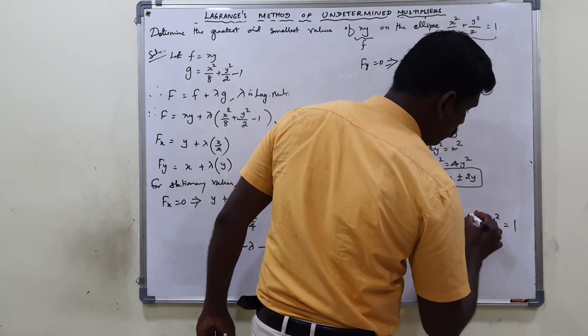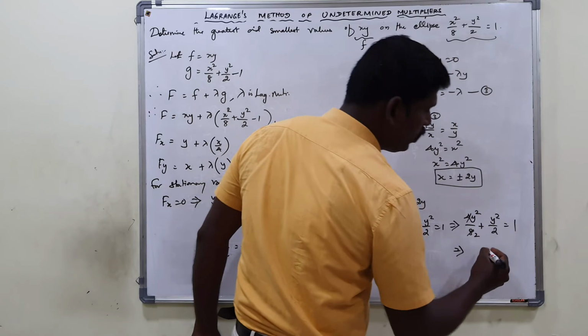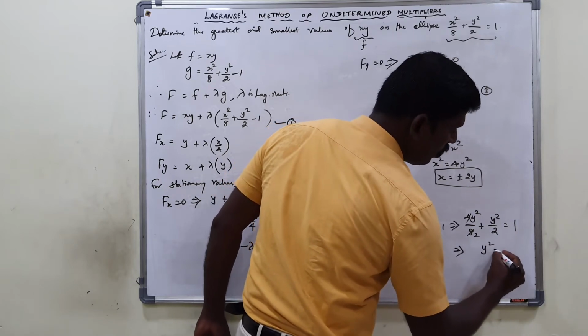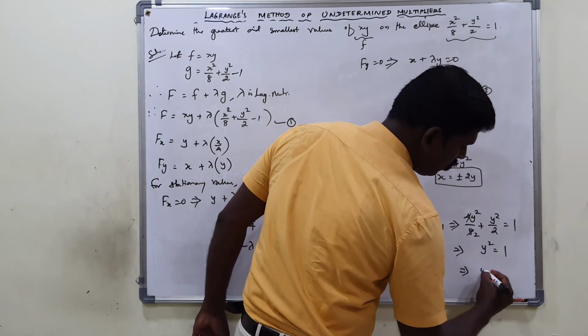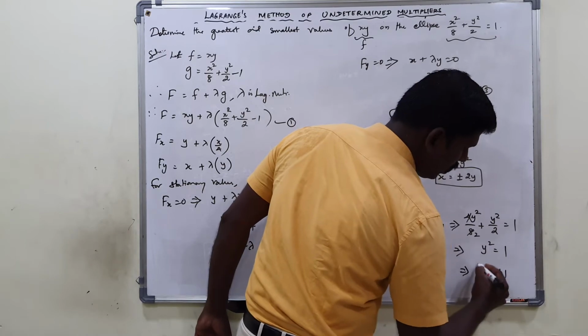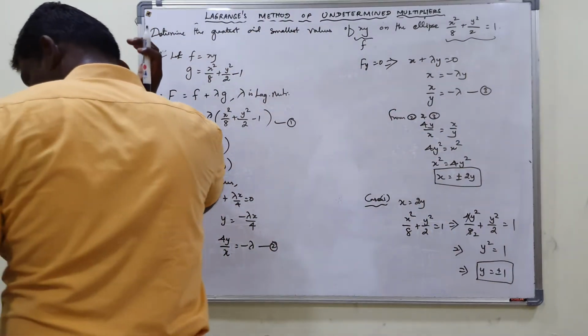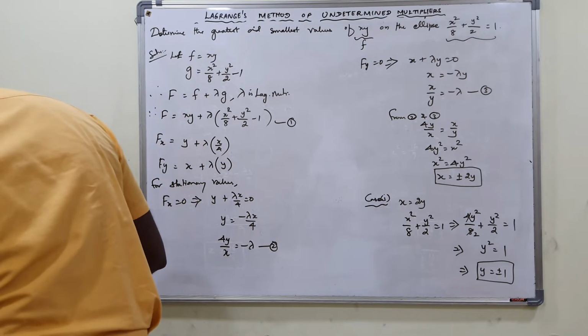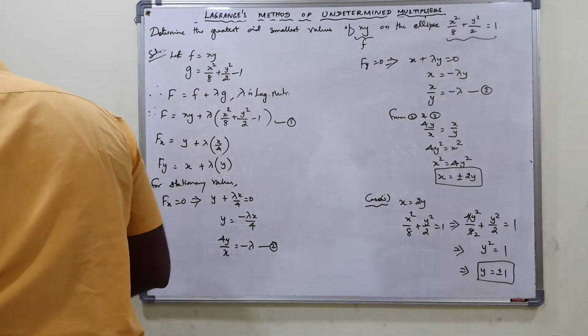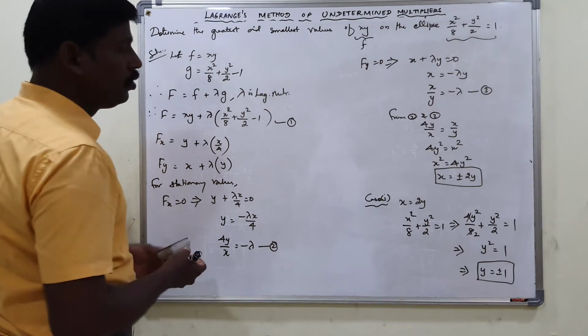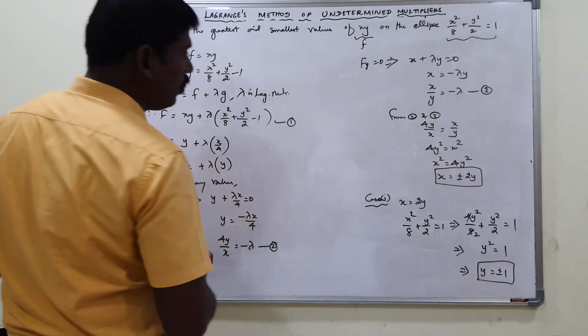This implies y square by 2 plus y square by 2, y square is equal to 1. This implies y is equal to plus or minus 1.